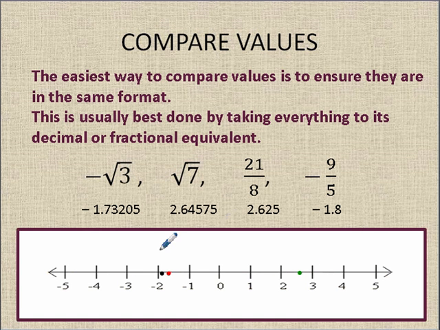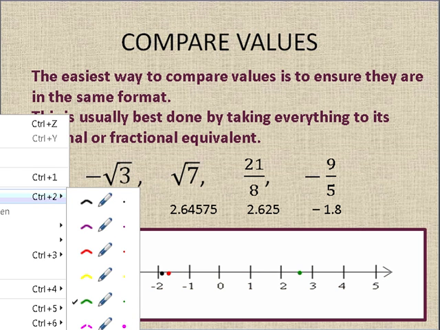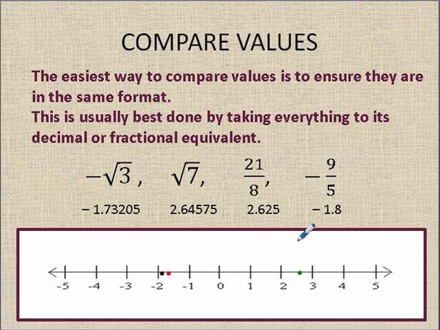I'm just approximating. I know that's a little bit more than half. A lot of times this is going to be close to approximations. And 2.64575 is greater than 2.625 because 4 is greater than 2, so it's going to be right there. And we've plotted our points.